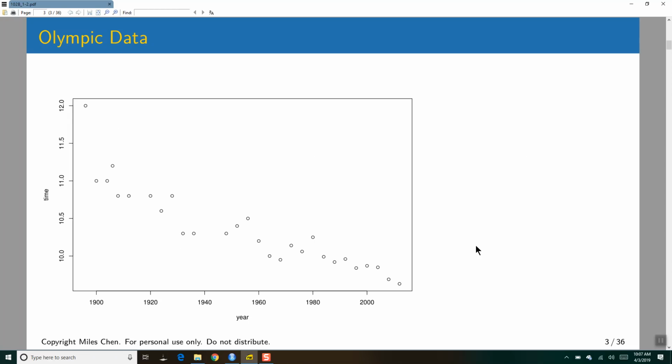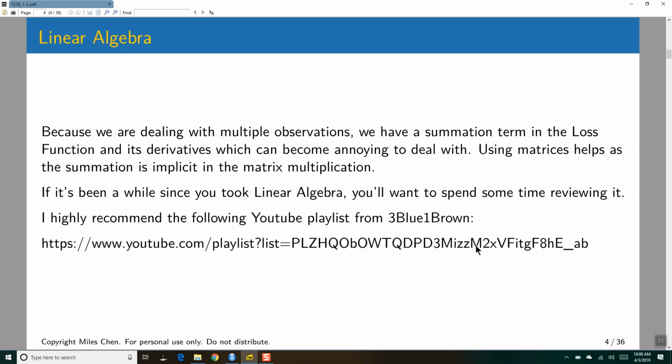And so we want to fit some kind of model to this, and we're going to just start off with a simple ordinary least squares regression. And on Monday, we showed that we can set it up as a minimization problem, okay?